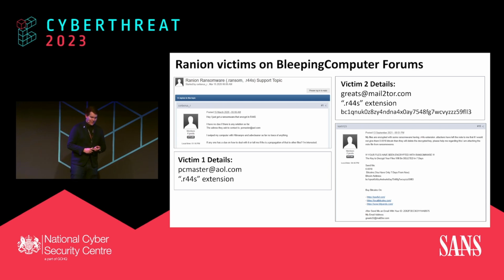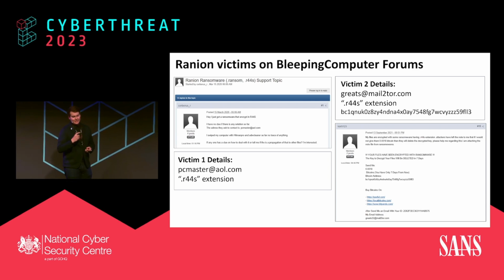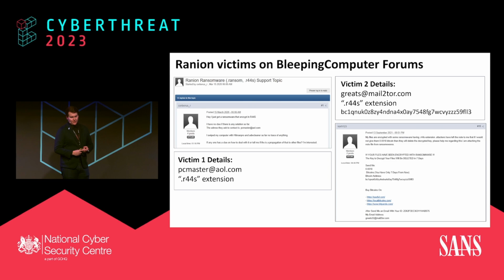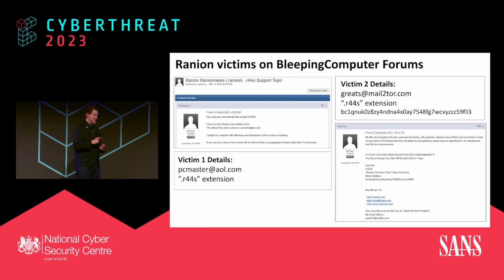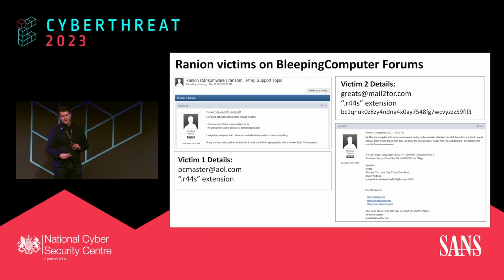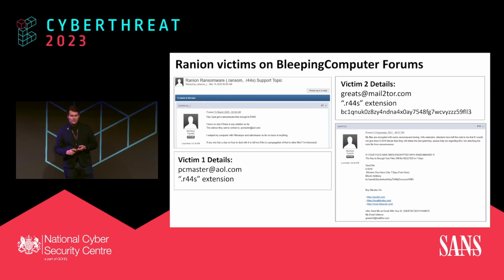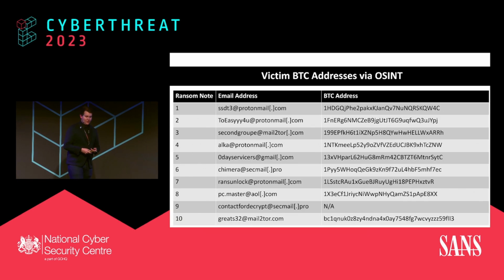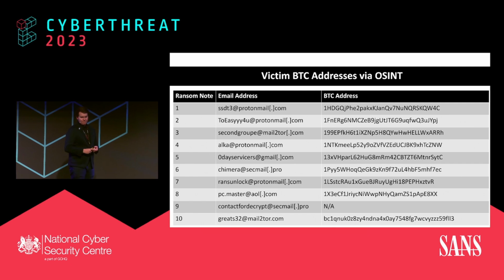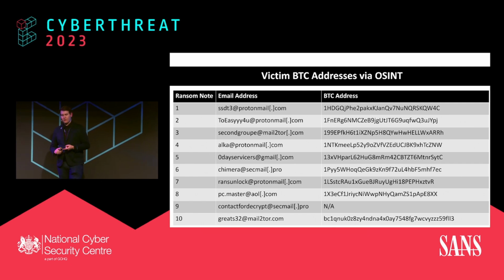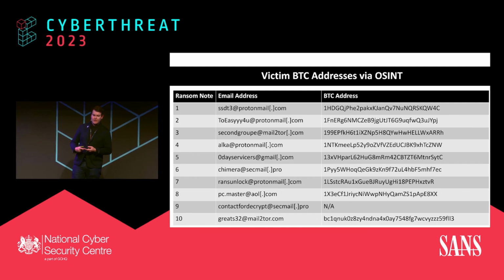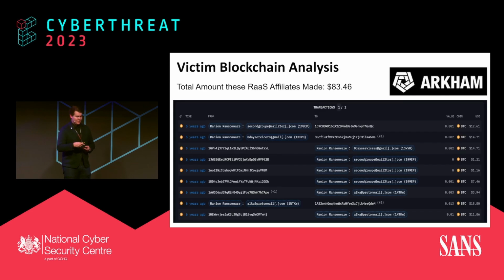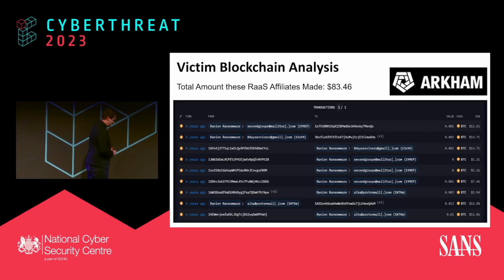And then if we go to Ranion, we can see a couple of victims who say, here's the contact email address they added, here's the extension, and here's the Bitcoin address. So if you gather up all the posts about Ranion, you can build up the contact email addresses that the threat actors add, and then the Bitcoin addresses as well. Then we go back into pivoting with blockchain analytics.